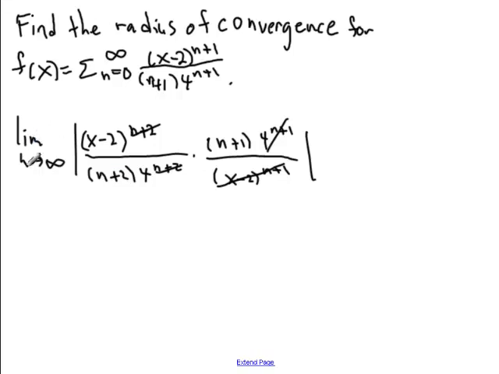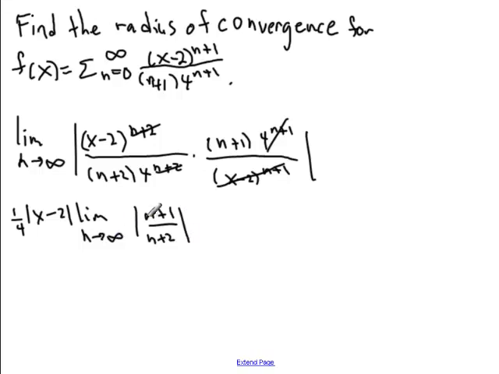Remember, we're running the limit as n goes to infinity. X minus 2 and the 4 in the denominator do not have any factors of n in them, and so essentially we can take those out. Absolute value of x minus 2 over 4, or times 1/4 even, limit as n goes to infinity of absolute value n plus 1 over n plus 2.